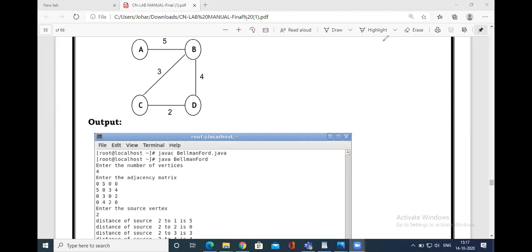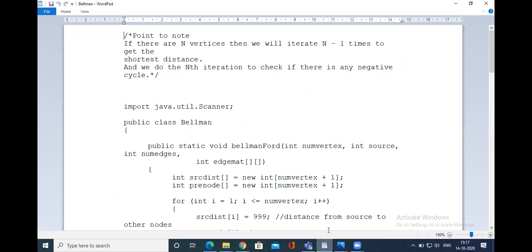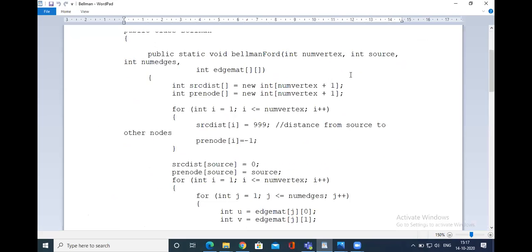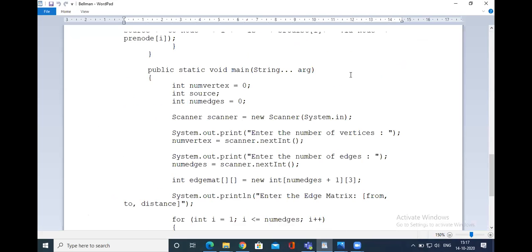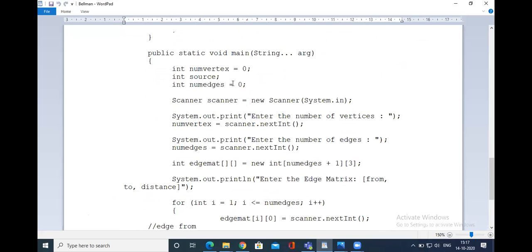So let me go to the program finally. As I said, if there are n vertices, relaxation has to be done n minus 1 times. We have a main function over here. Initialized to 0: source, number of edges.